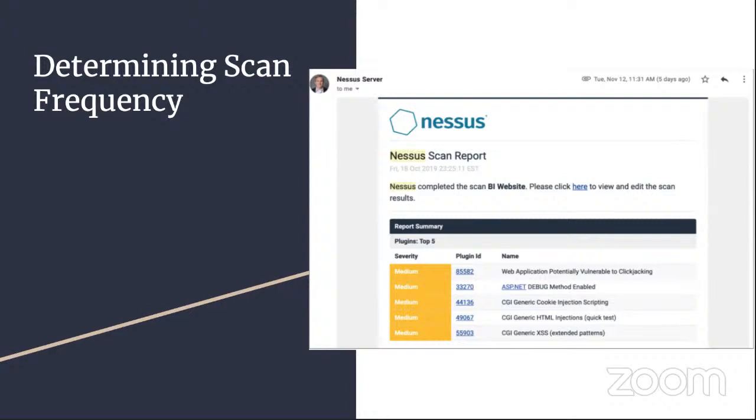We do not want to slow down the business. So our scans may have to be limited in order to allow the business to continue working. And licensing. Some scanners require a certain license that you have to pay for in order to do a number of things or consume a set amount of bandwidth.